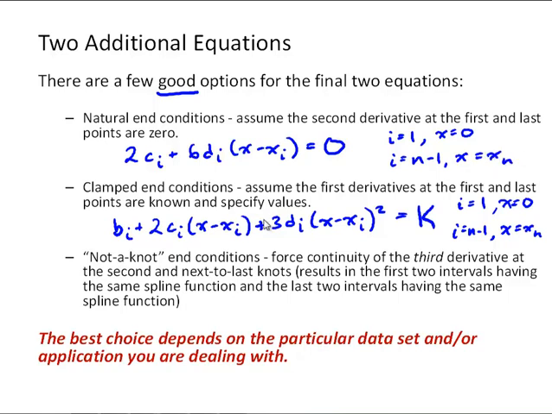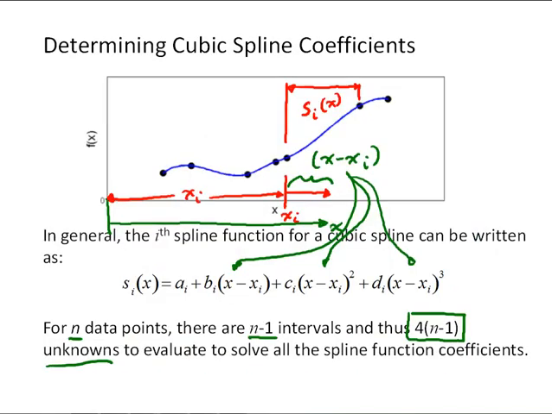Another option is what's called not-a-knot end conditions. I'll explain why it's called that in a second. The basic idea here is to force continuity of the third derivative at the second and next to last knots. So if we go back here, at the second knot here and the next to last knot here, we will enforce continuity of the third derivative.